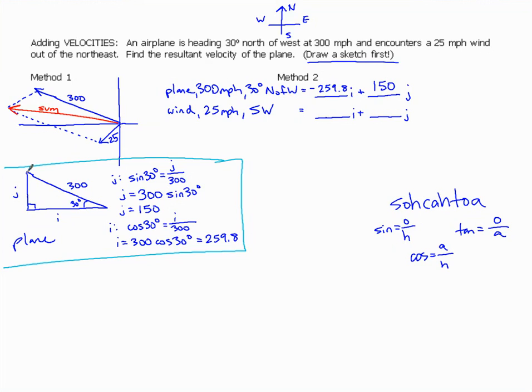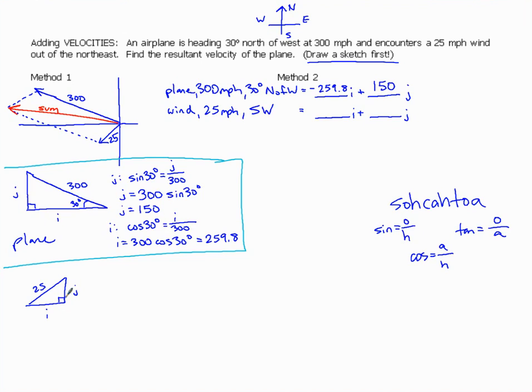So here's what the wind looks like. We know that it is headed to the southwest and it's 25. So it is going down, that's our vertical, and it is going west, which is our horizontal. Again, this is a right triangle.